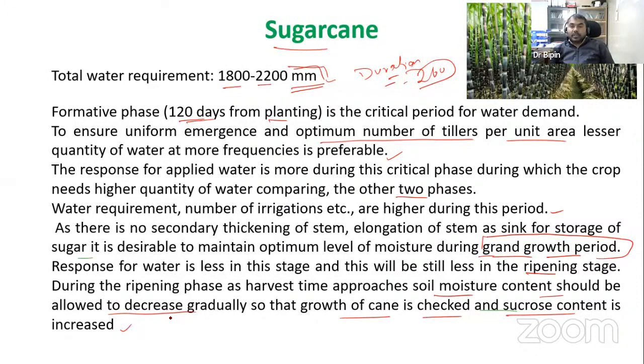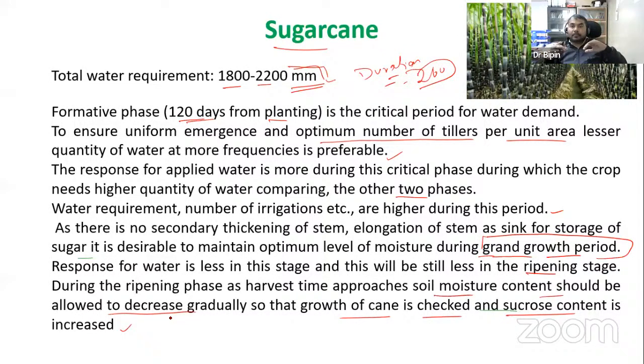Actually, when your sugarcane approaches maturity and you are trying to harvest, at that time your motto should be to stop irrigation and decrease the moisture content in the field, so that the moisture content in the canes is lesser and sucrose content will increase at the time.